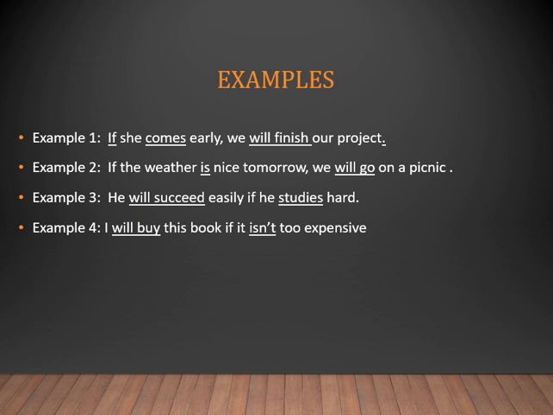The next example, number 3: He will succeed easily if he studies hard. So in the first part we have will plus verb 1. Here succeed is verb 1, okay? And in the second part we have if plus subject plus verb plus s, because we have a singular subject, he, she, it.